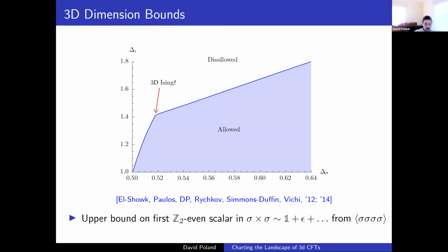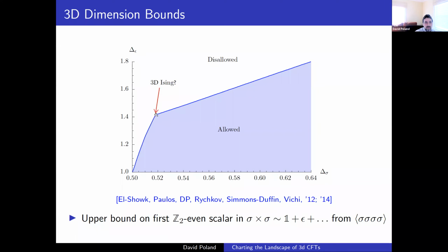You have an equation of motion like del squared phi equals phi cubed. That's telling you that the phi cubed operator is really a descendant of phi. It's a derivative of phi. And so you don't expect it to be in the spectrum of primary operators in the CFT. So as you approach the Ising model solution, that phi cubed operator decouples. Whereas solutions nearby do have this phi cubed operator in the spectrum. So that's our best understanding right now.